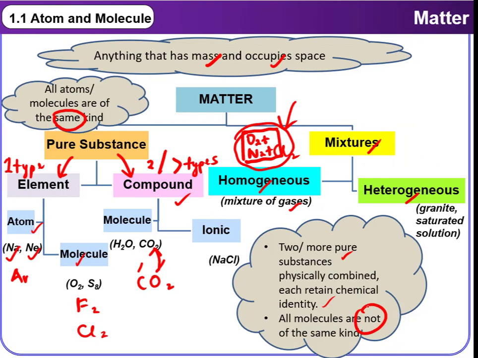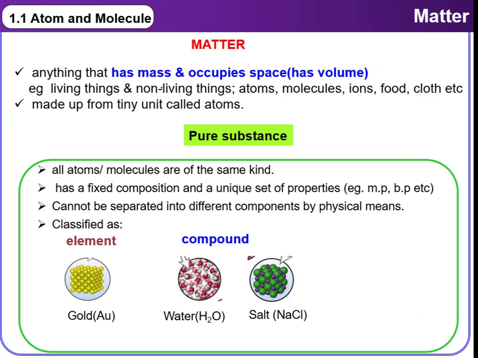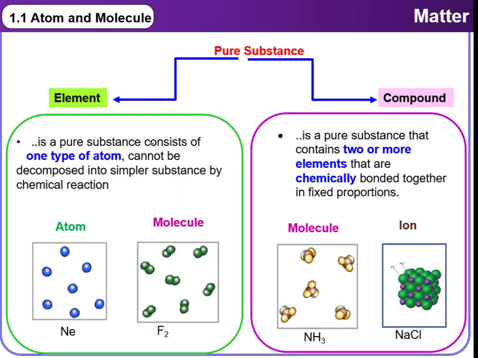Then next. Okay, this is what I did mention before, the definition for matter, anything that has mass and occupies space. And it is made up from tiny unit called atoms. Then the pure substance just now. So what is element? It is a pure substance consists of one type of atom.